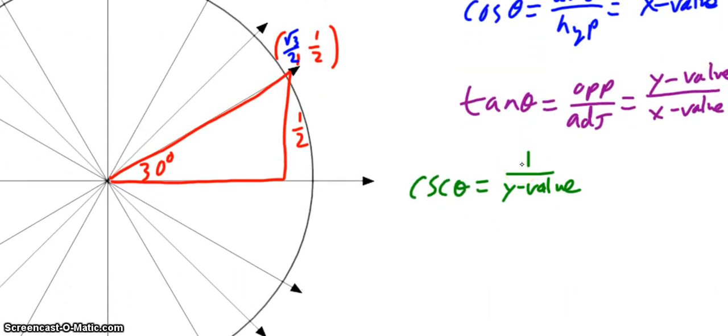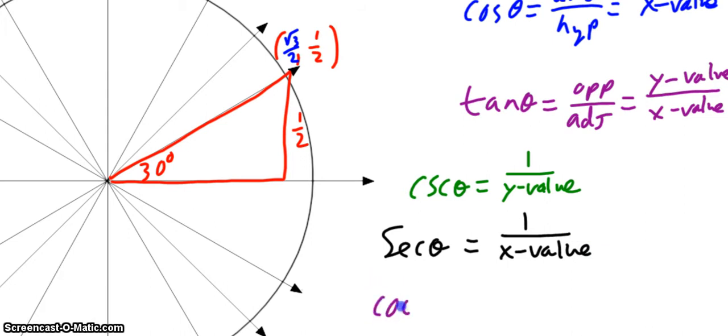If the hypotenuse was, or if the radius was something else, then this number would change, but it's still going to be over the y value. That's important to recognize. Secant of theta is 1 over the x value. And cotangent of theta is x value over y value.